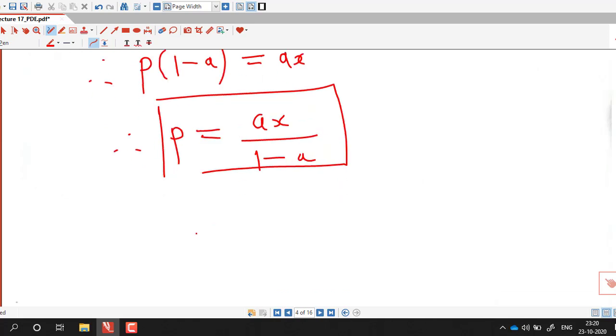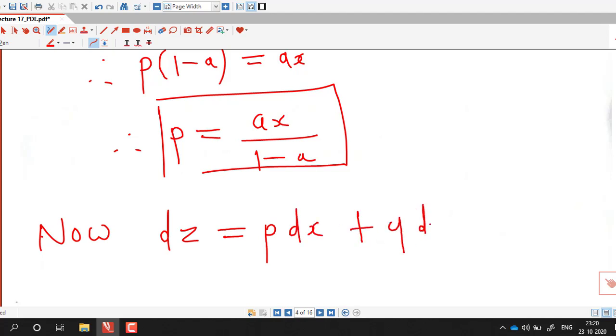Okay, so now we put the values of p and q. dz is p times dx plus q times dy.